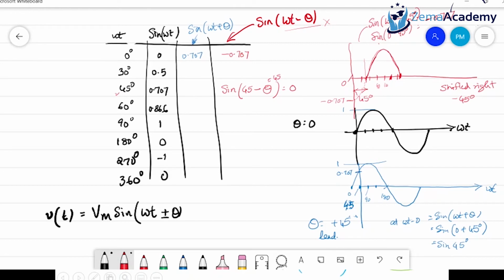Omega t is 45, and the theta value we got from the lag is 45 degrees as well. We take it with a negative, so that makes it 0, which is correct because at 45 degrees you have your sine starting point. So basically what's happening is this whole set of values on the first column either shift up or down.